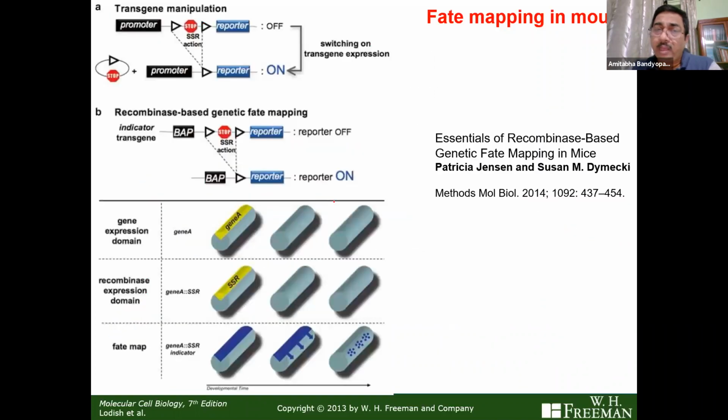Now, this very process can also be used to accomplish what is called fate mapping. It's a typical developmental biology application. What is this developmental biology application? I'll give you an example. See, initially, we all started with one zygote, right?